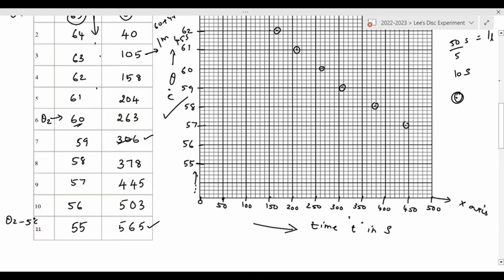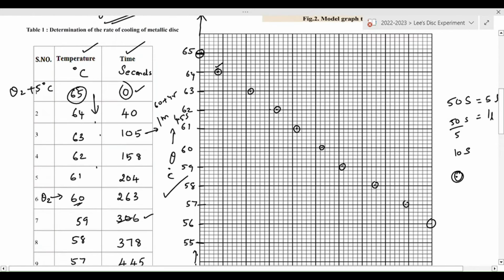In that way I am drawing. So plot the graph exactly and then connect all the points. You will get a graph for theta versus time, that is theta along the y-axis and time along the x-axis.